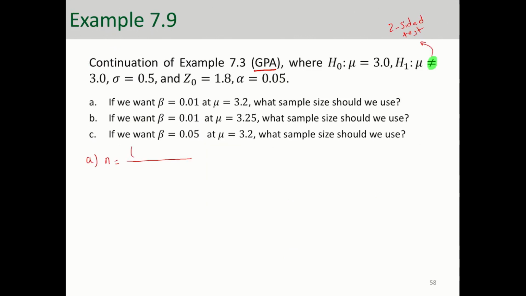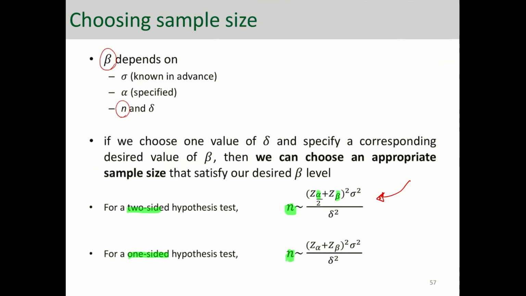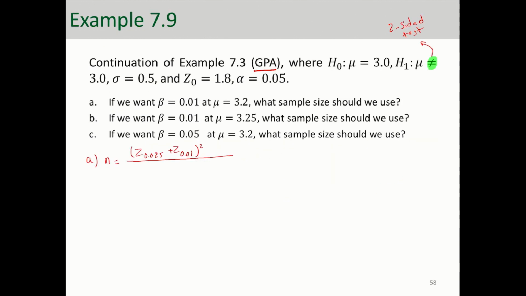So that is z of 0.025 plus z of 0.01, squared, times 0.5 squared over 0.2 squared. And 0.2 is the delta. If this is mu, delta is mu minus mu naught, which is 3.2 minus 3.0. That is 0.2.